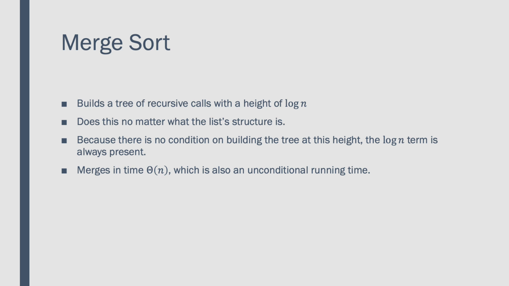So merge sort builds a tree of recursive calls. Each level of the tree represents a division of the list into halves. The height of the tree is log n because the list is repeatedly divided by 2. This structure is independent of the list's original order. Whether the list is sorted, reversed or random, merge sort always builds the same recursion tree.